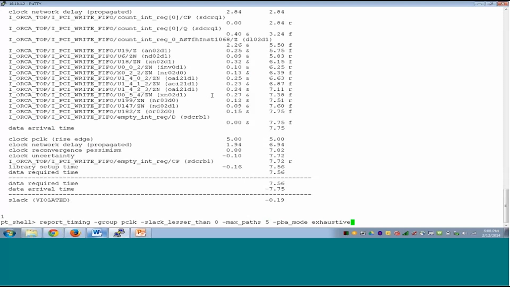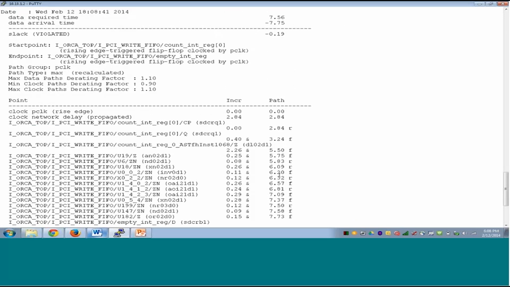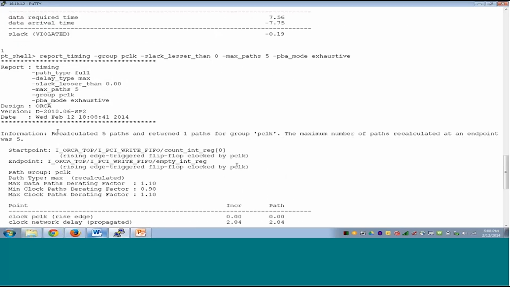The option can be exhaustive, so you give exhaustive. Now see, the slack is decreased a bit, although it hasn't given us a clean report. It is saying recalculated 5 paths. Why? Because we gave max 5, returned 1 path. Initially it had 5 paths, returned 1 path because only 1 path was satisfying this criteria.